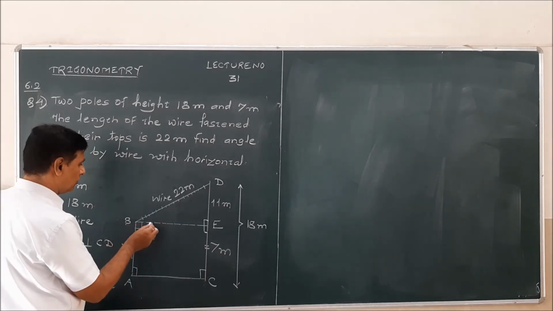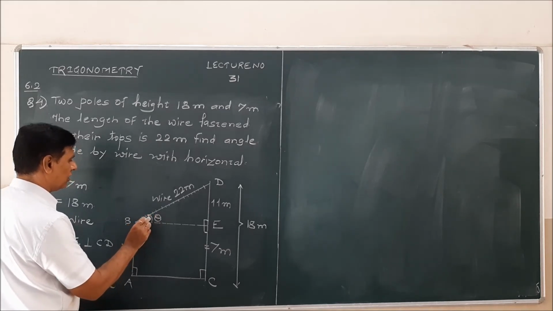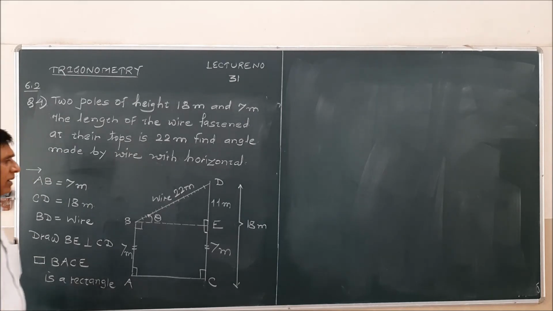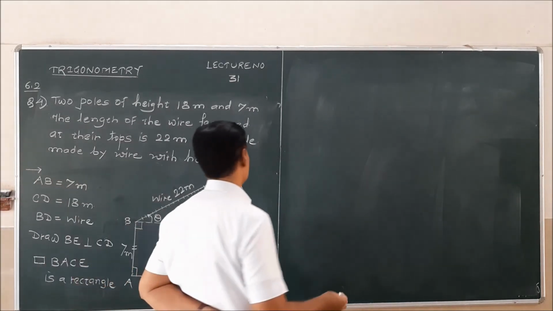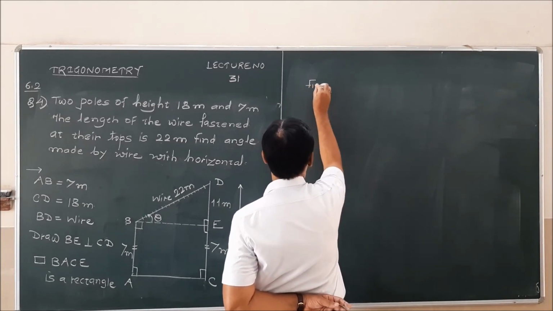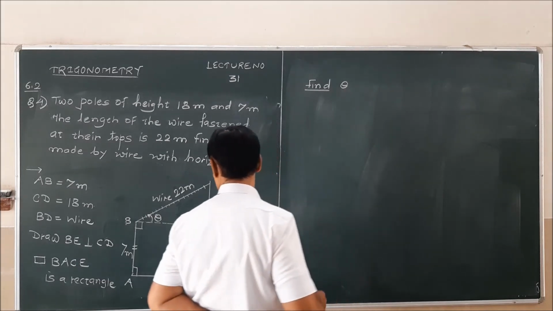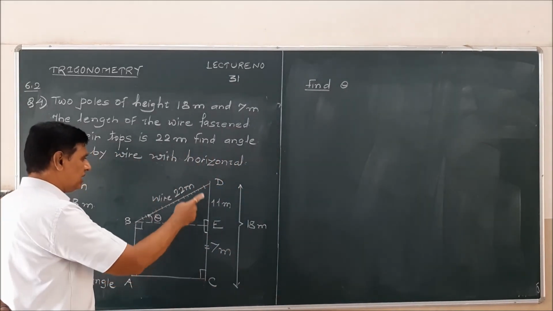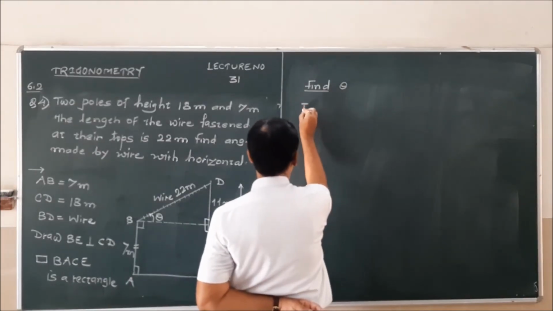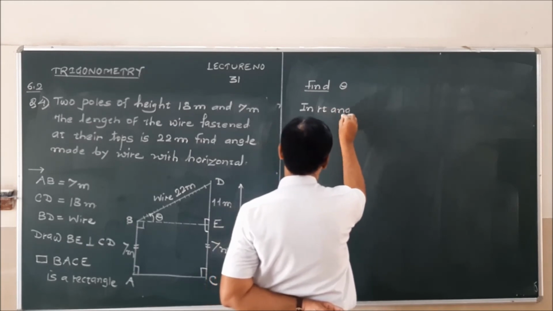Question is, find out the angle made by wire with horizontal. That means we have to find the value of theta. Find theta. In triangle DBE, in a right angle triangle, that is very important.